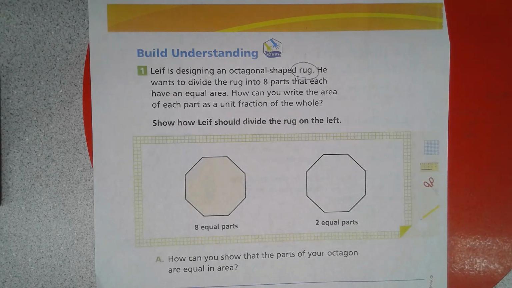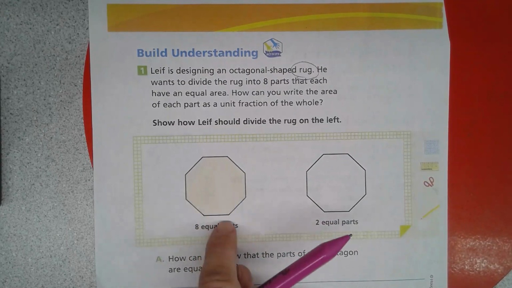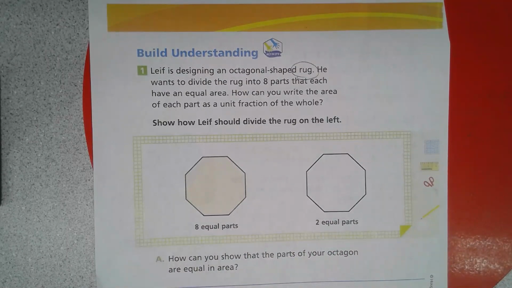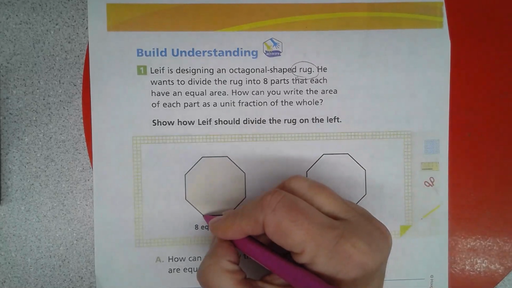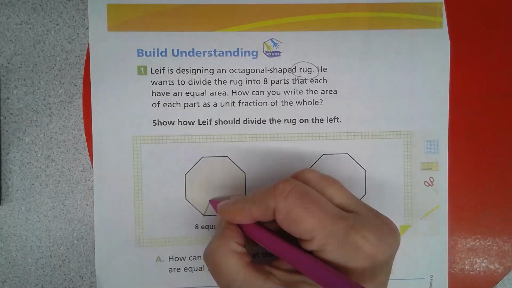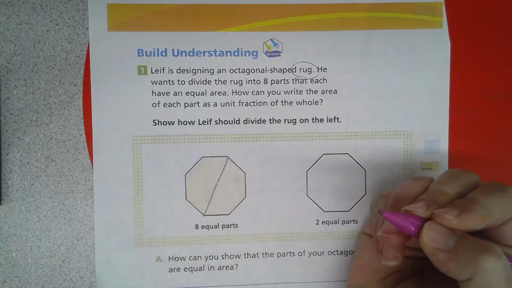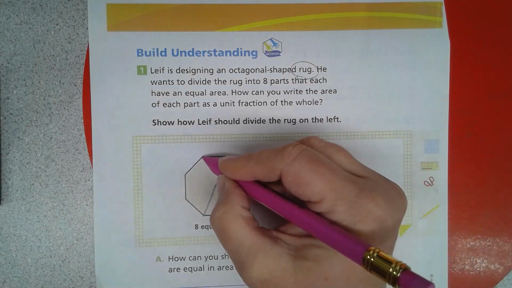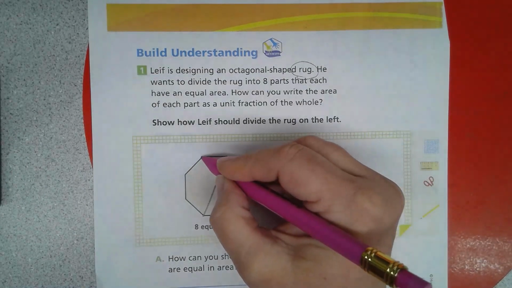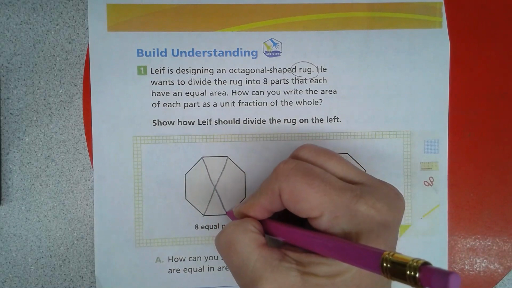All right, same kind of thing. So we're going to take this and let's make this into 8 equal parts. So to do that, we're going to start right here at this corner and go straight up to this corner like so. Then we're going to take this corner and we're going to go straight down, passing through the center to go here.